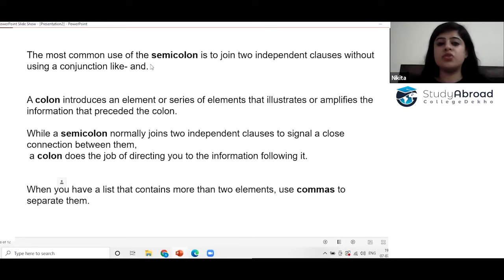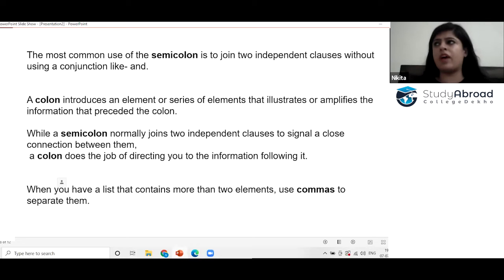The most common use of the semicolon is to join two independent clauses without using a conjunction like and. So when do we use a semicolon? When we join two independent clauses. Now what are independent clauses? The clauses which have their own subject and verb, and they are not dependent. The word itself is indicative enough. Independent, that means they are not dependent on anyone. So when the clauses are not going to be dependent, when they will have their own subject and verb. They're not depending on the other information.